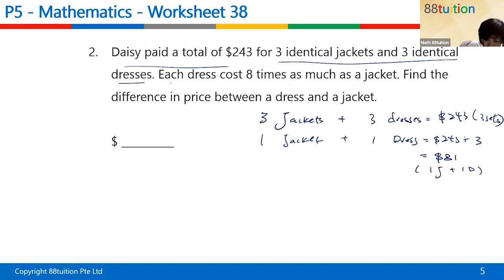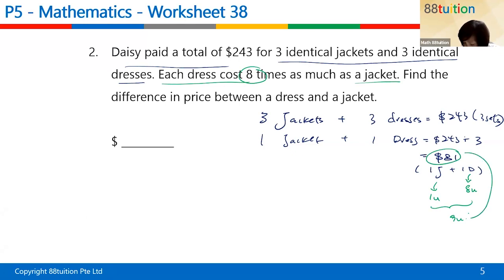And for this instance, it gives you that 1 dress is 8 times as much as a jacket. So the dress will cost you 8 units as much as the jacket, which is 1 unit. So technically, this is 9 units for $81. So you have 9 units that will give you $81, and 1 unit itself is $9.